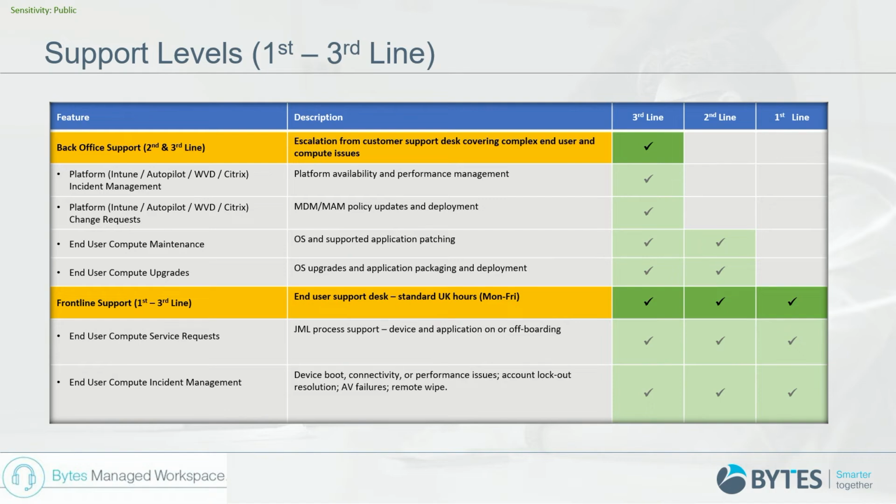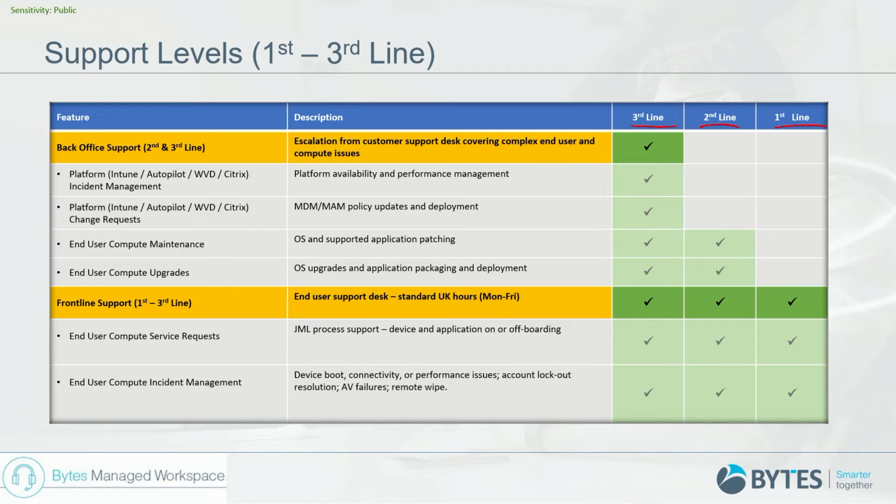Here is kind of an overview, if you will, of the different support levels, the first through third lines that we went through. So you can draw your attention up here to the first line, second line, and third line. You've got a number of different services available. To learn more in depth about these, you can always reach out to your Bytes representative to learn more.